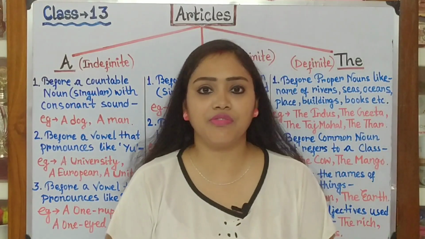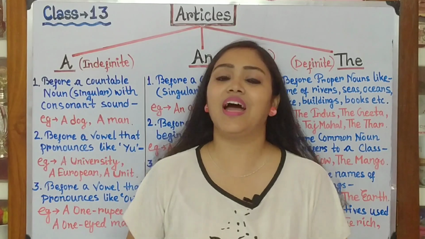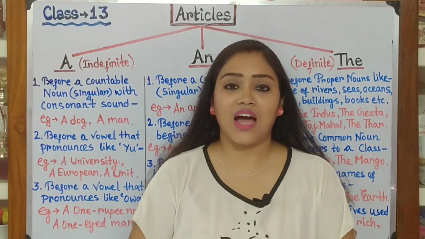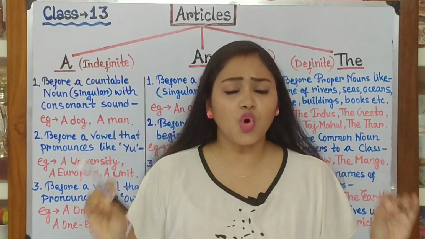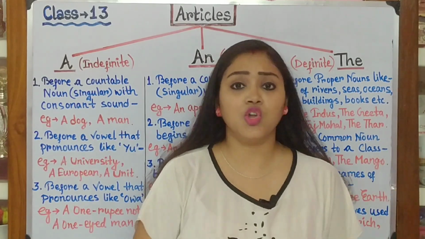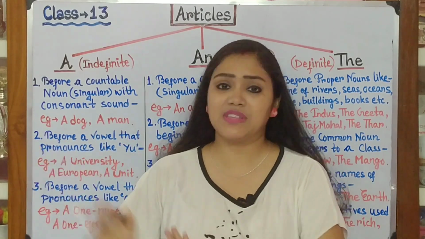Now, what is the basic difference between the definite article and the indefinite article? Indefinite articles are used when we don't point out something particularly, not any particular man or thing.